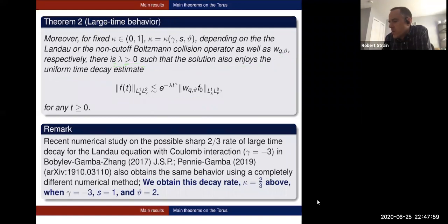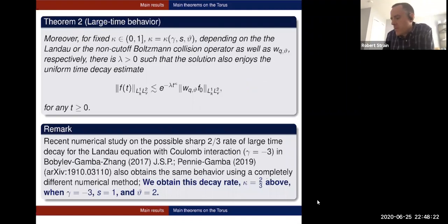So we have uniform exponential time decay to equilibrium. So if gamma plus 2s is positive, you have kappa equals 1. If gamma plus 2s is negative, you have kappa less than 1. So this is the so-called stretched exponential decay.